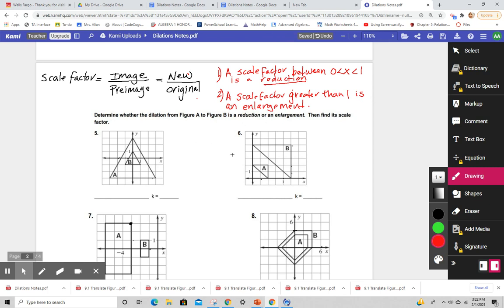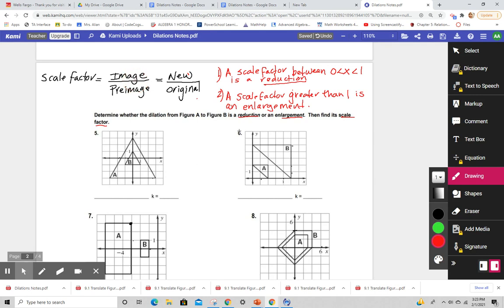So here we're being asked to determine if the dilation is a reduction or an enlargement, and then find the scale factor they used to make it larger or smaller. When you're looking for the scale factor, you always want to use this ratio, image over pre-image.